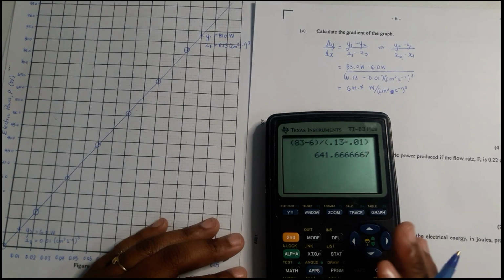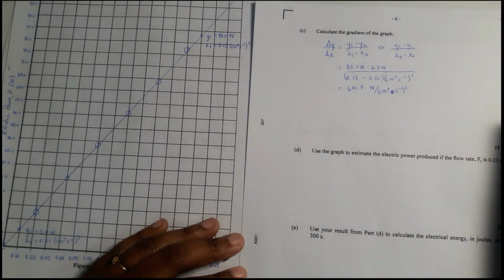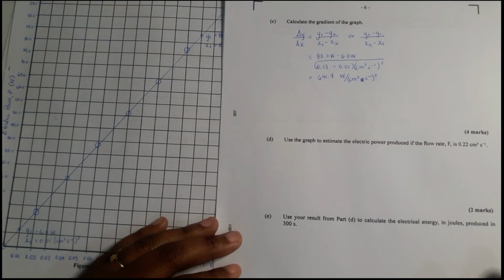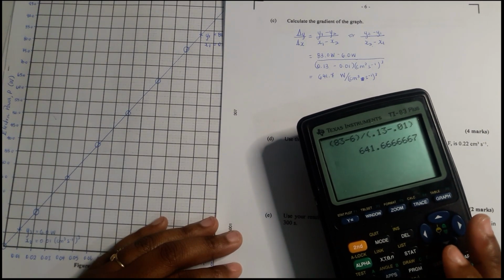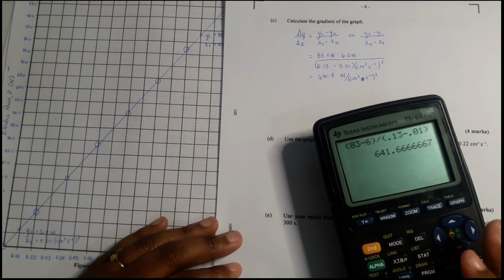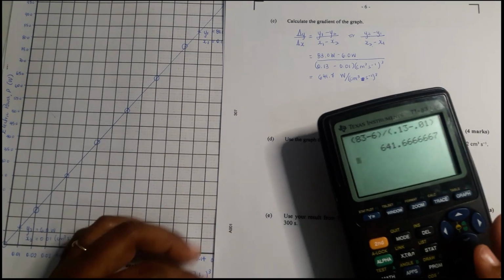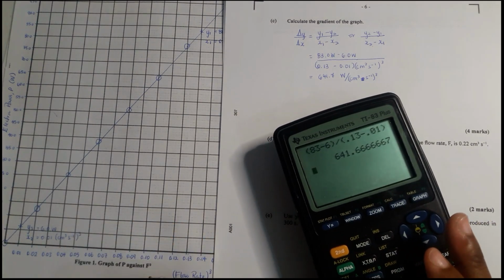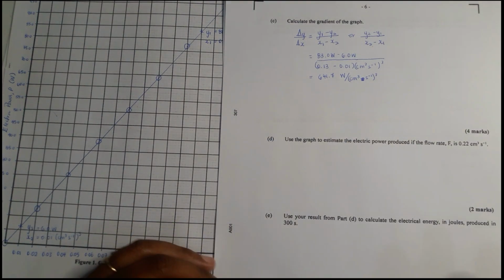Okay. So that's what I got. And that's the gradient right there. Okay. And then now, let's make sure: 83 minus 6 over 0.13 minus 0.01. Good. All right, so that's what we got, and that's what we're going to write there.